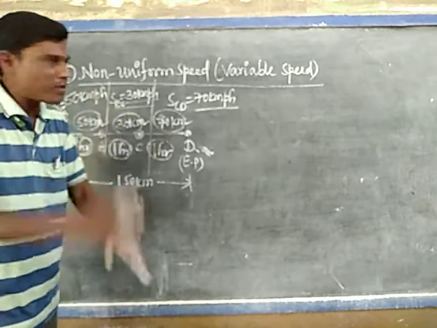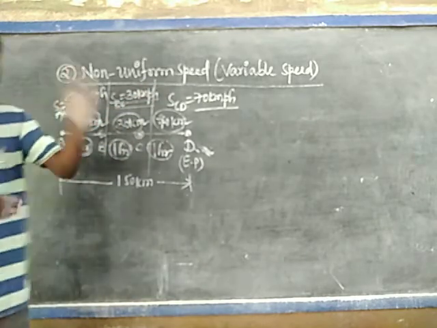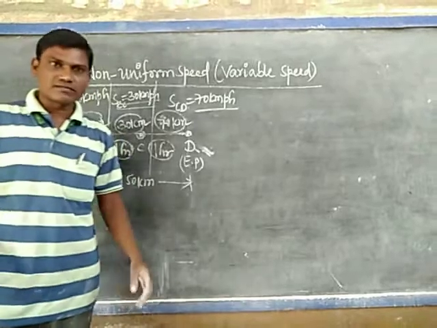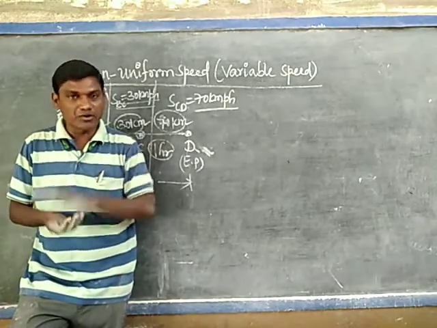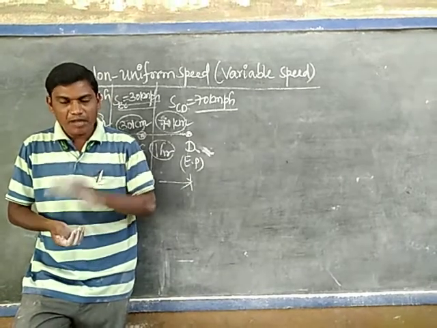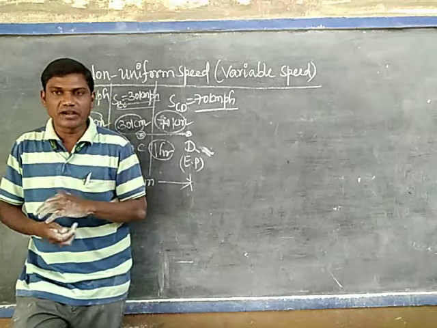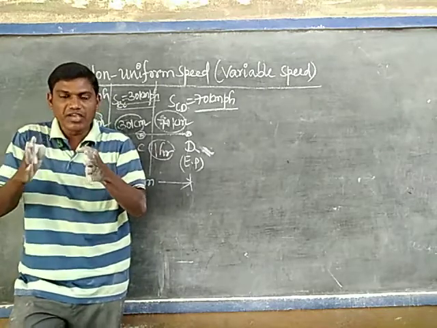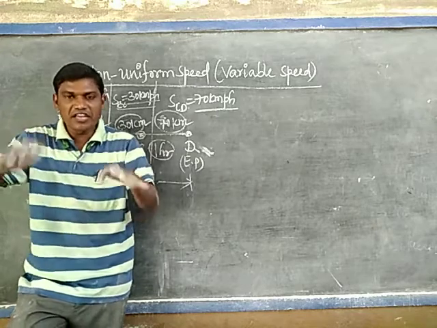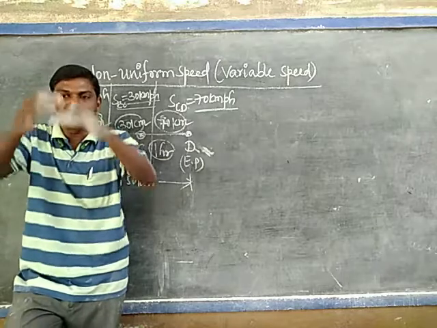In most cases, whether human beings or animals, we do not move with constant speed; we move with variable speed during our journey from one place to another. When you are moving on a road by bicycle, scooter, or any vehicle, if the road is even, you move very fast. If the road is uneven, with trenches or speed breakers, we reduce the speed.